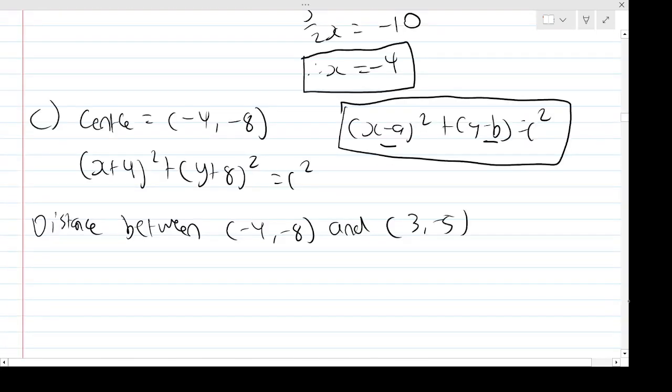Then how do I work out the distance between 2 points? I know how to do that. I did it in the last section when we looked at lines. We can work out the distance by doing the Pythagoras distance between them.